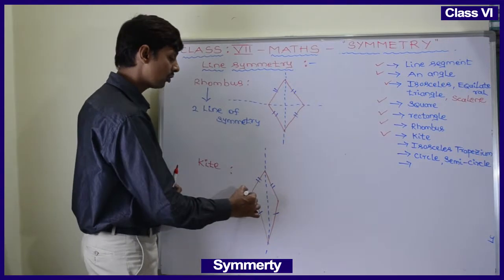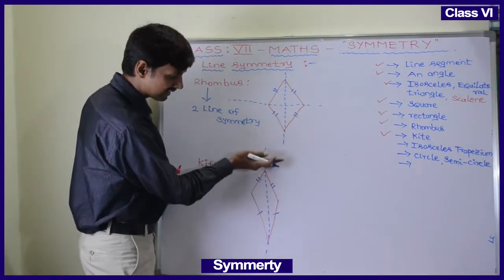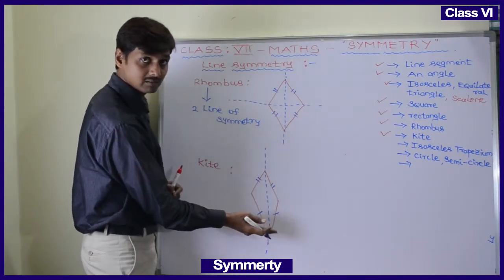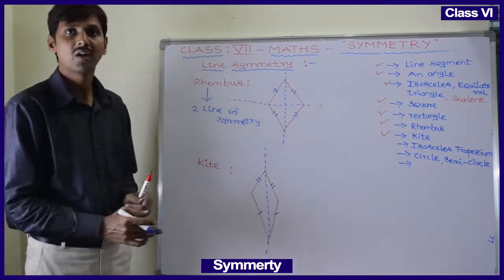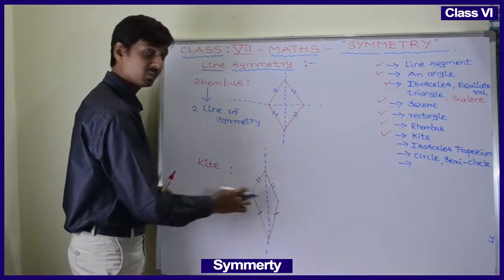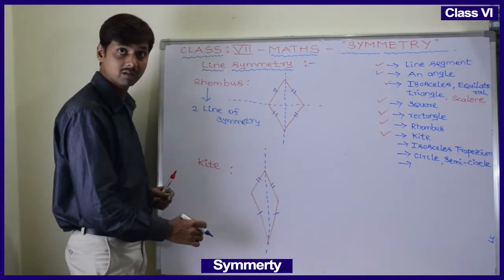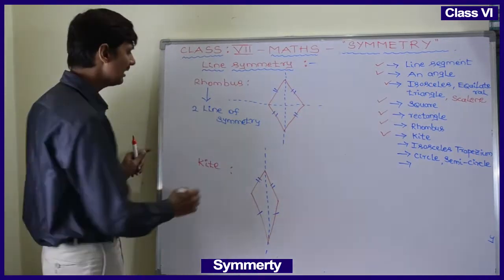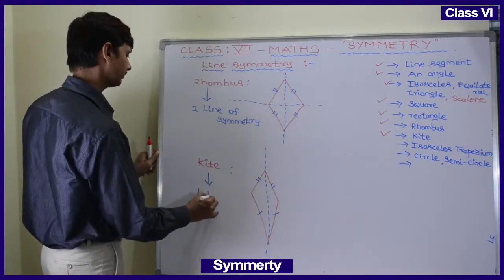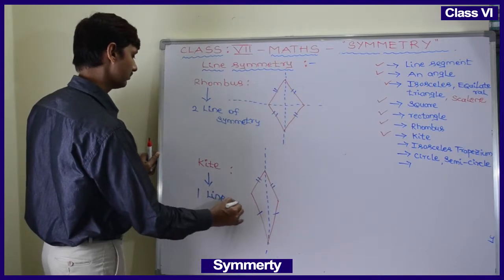When we try to draw a horizontal line, the upper part is small and the lower part is bigger than the upper part. So we cannot draw a line through the opposite vertices horizontally, as it will not be equal. So we can draw only one line of symmetry for a kite.